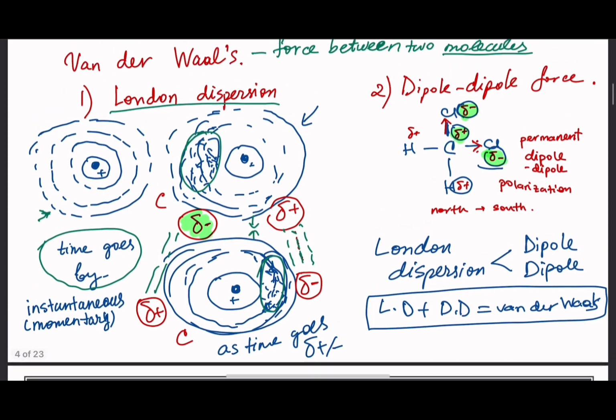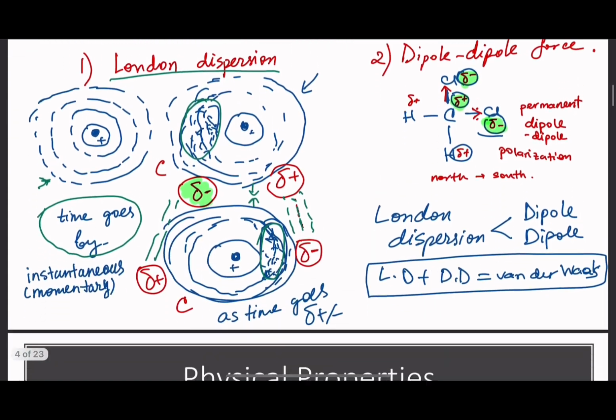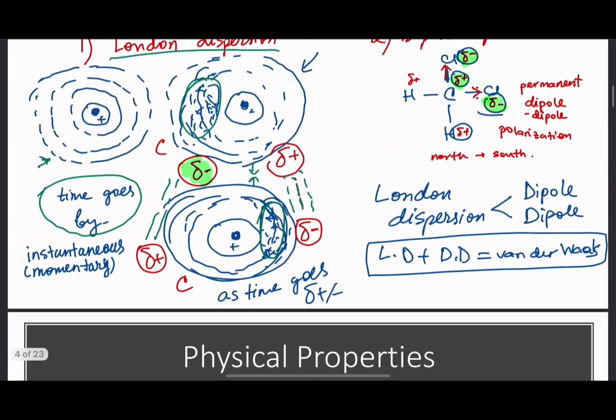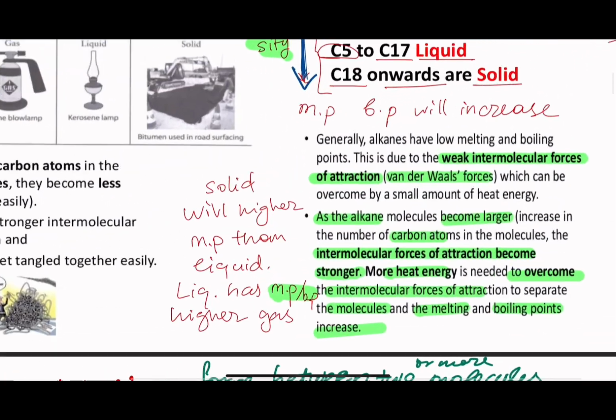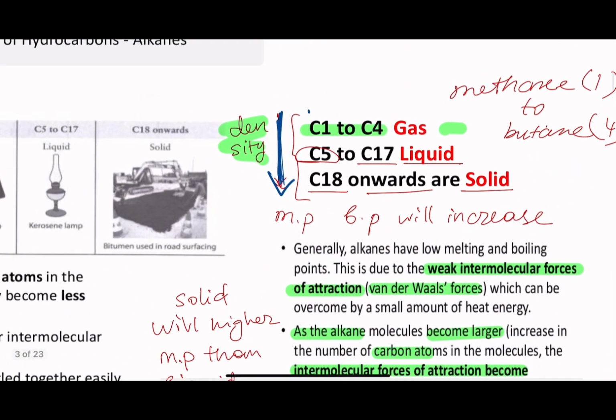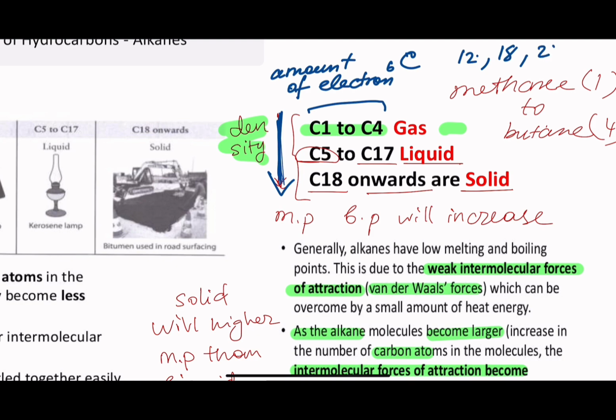So this is a quick review from the 10th grade. Now we're going to look back to it. I told you that as the number of carbons increases, the number of electrons increases, because each carbon carries 6 electrons. So 2 carbons will have 12, 3 carbons will have 18, and 4 will be 24.